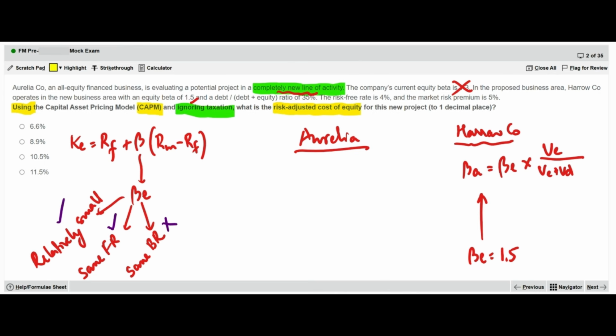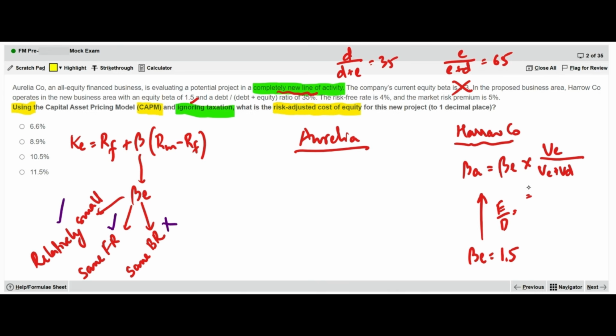And for the value of equity and the debt value, it is written that debt divided by debt plus equity is 35, which means equity divided by equity plus debt should be the other half of it. It should be 65. So here I could write it like this.